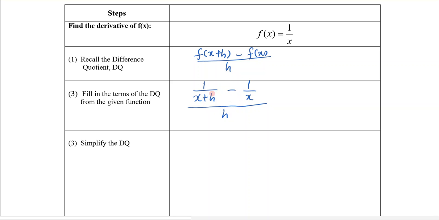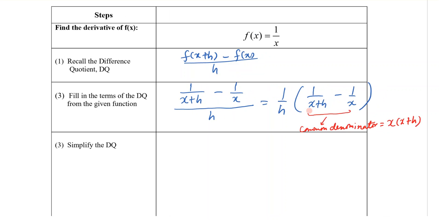So in the numerator, we have a difference of two fractions. So it means we need to find the common denominator so that we can bring these two fractions together. I can rewrite this as 1 over h, and I have 1 over x plus h minus 1 over x.